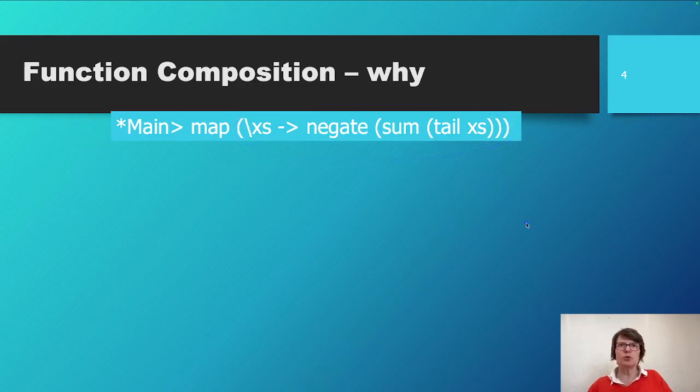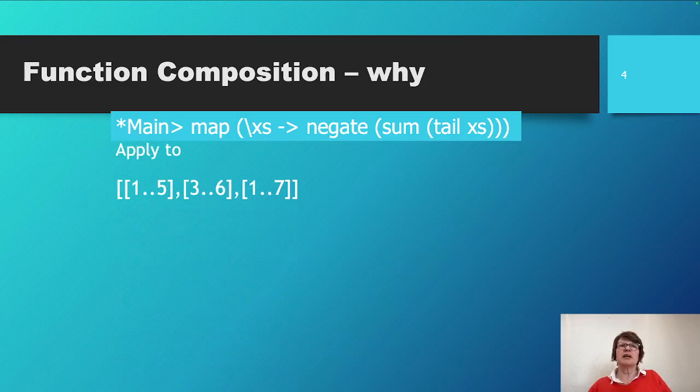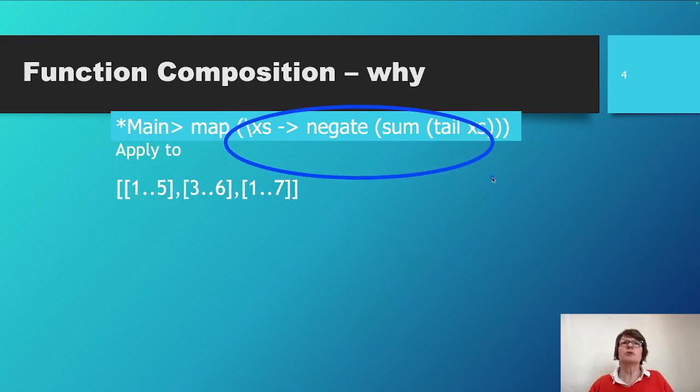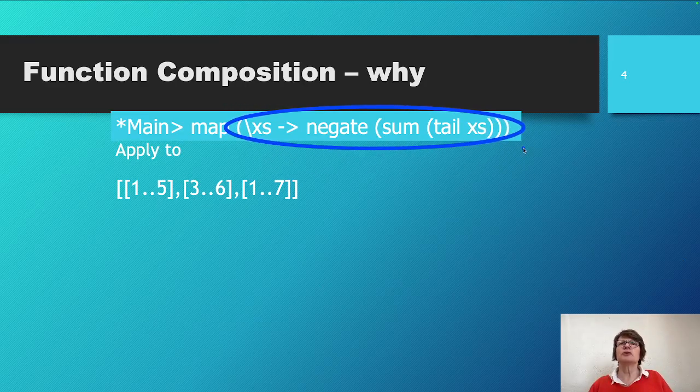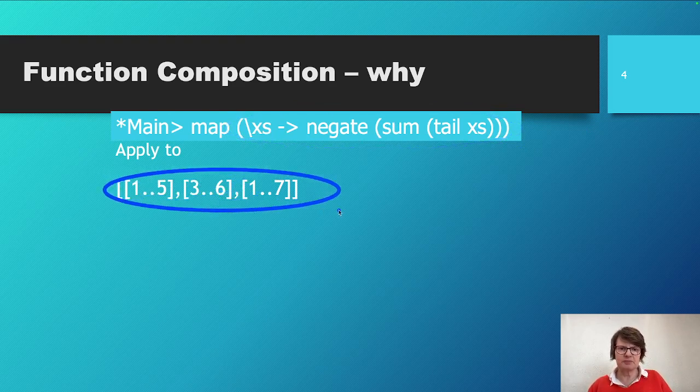But we don't know yet. We're going to apply that. So this is the function that we're going to apply. So we want to look at this function and see, could we simplify it using the functional composition. So remember the XS, this is actually the XS here.